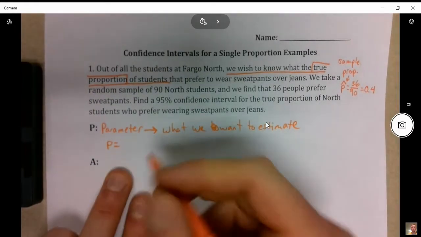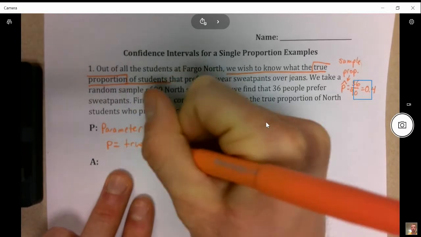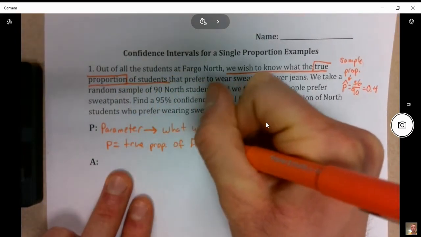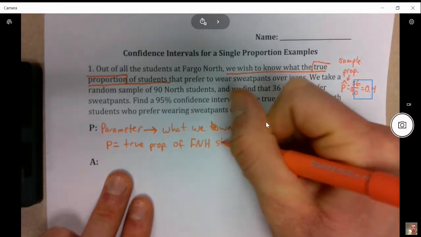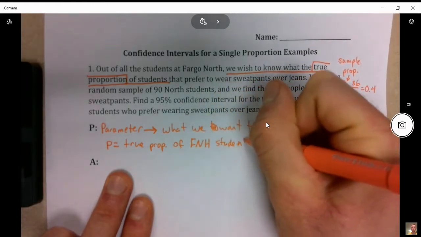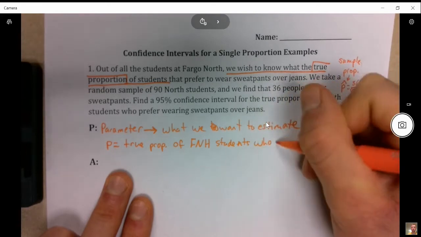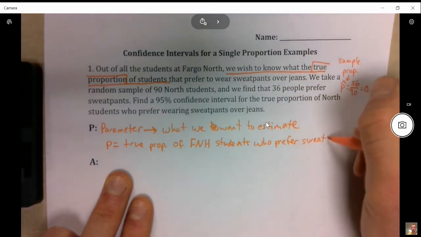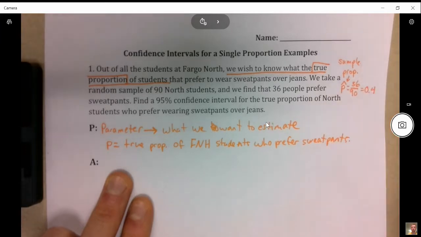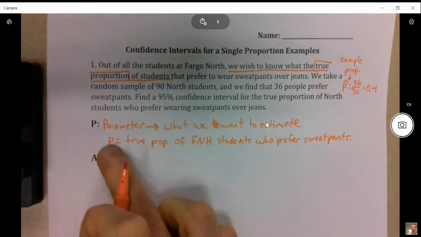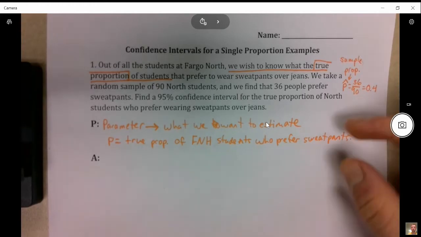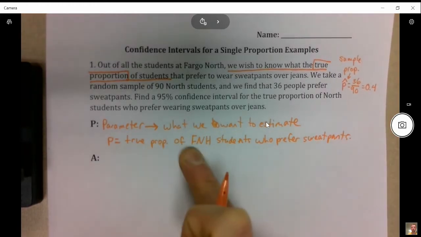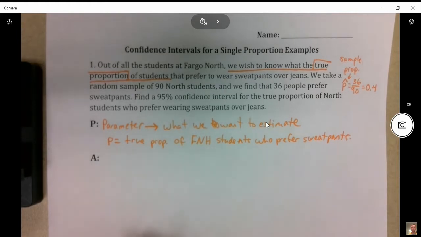So for our purposes, P is equal to the true proportion of F&H students who prefer sweatpants over jeans, okay? Again, we don't know what P is equal to. We just have to define what that is and show this is what we're trying to estimate, okay?